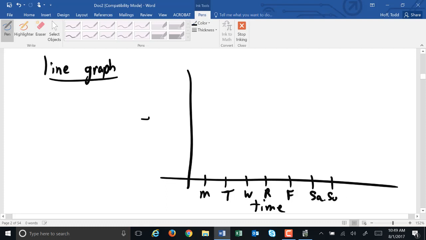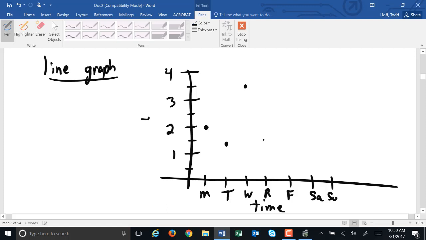Let's look at the time you spent studying. Let's say on Monday, you spent 2 hours studying. On Tuesday, you spent an hour and a half. On Wednesday, you spend 3.5.